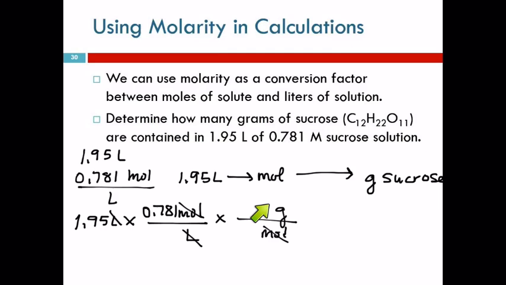And then grams to moles, that's a molar mass. We were given the formula for sucrose. I think it's 342. 12 times 12.01 plus 22 times 1.008 plus 11 times 16, 342.3.